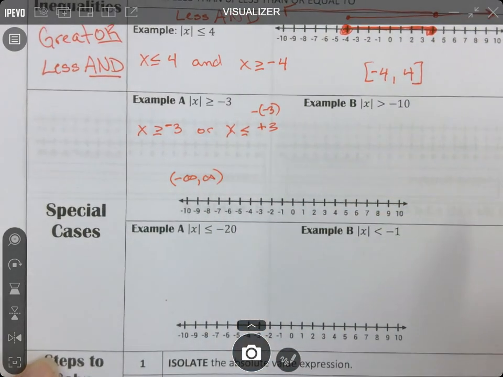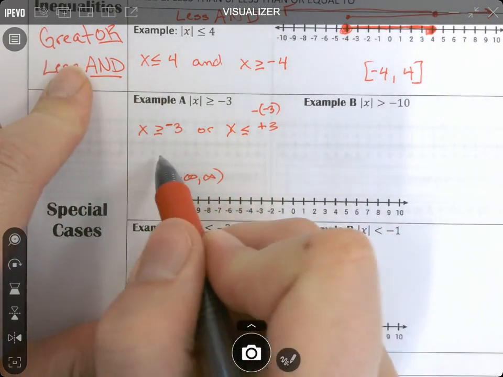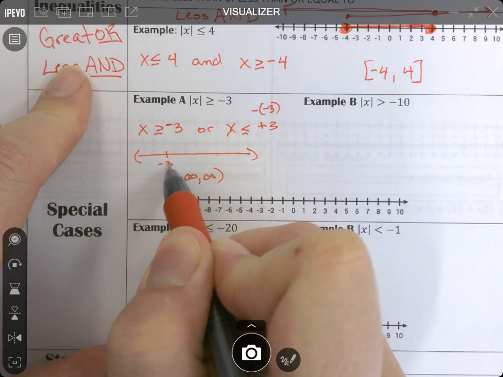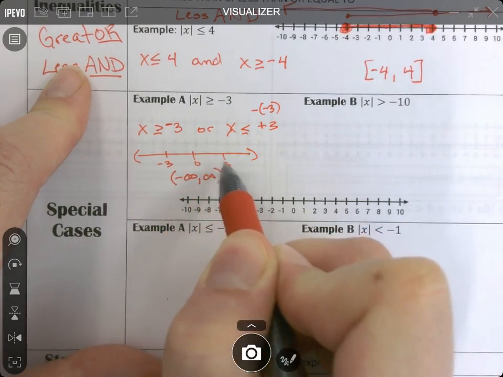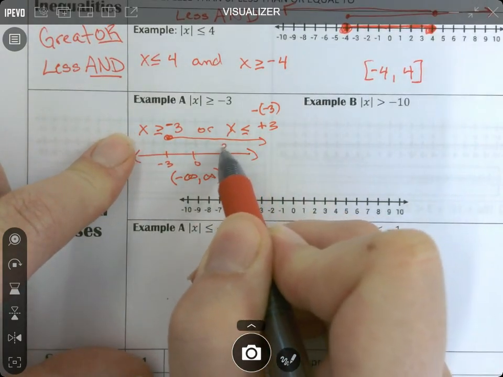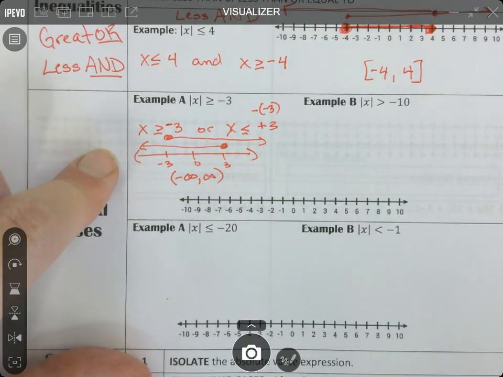Okay, let's talk about why. Because every absolute value is greater than a negative. If I did this on a number line, and I'm sorry I screwed up in the beginning, x is greater than or equal to -3 would do this. X is less than or equal to 3 would go left. And it looks like an and statement, but what did we say it was? We said it was an or statement.